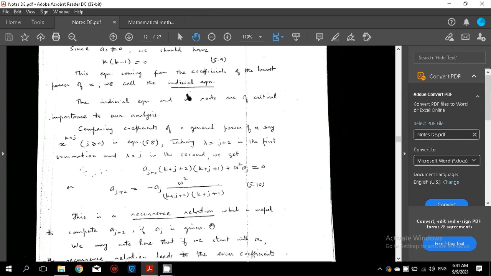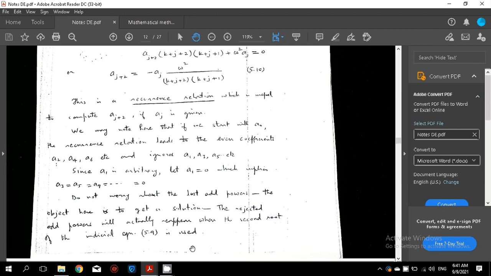And we may now note here that if we start with a naught, the recurrence relation will give us a naught, a2, a4, a6, etc. So it means the even based coefficients are known, however the odd based coefficients are missing.